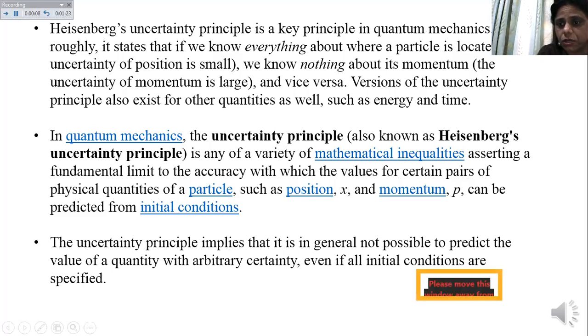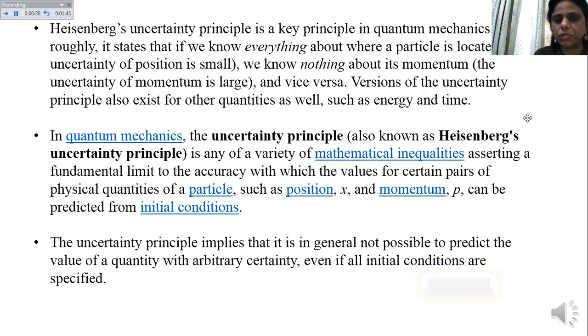This is considered to be one of the most important principles in quantum mechanics, means the science of energy photons. Very roughly, it states that if we know everything about where a particle is located, the uncertainty of position is small. We know nothing about its momentum, the uncertainty of momentum is large, and vice versa.